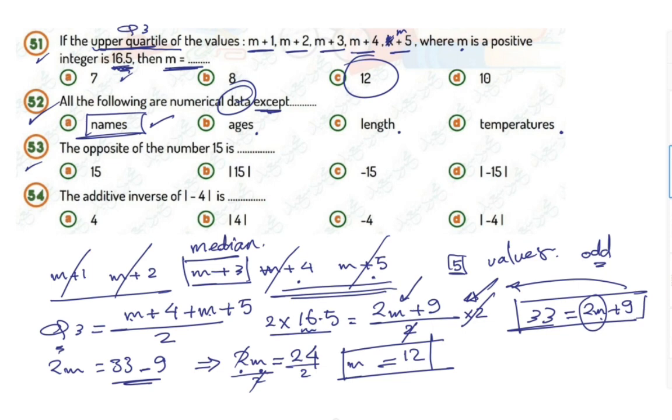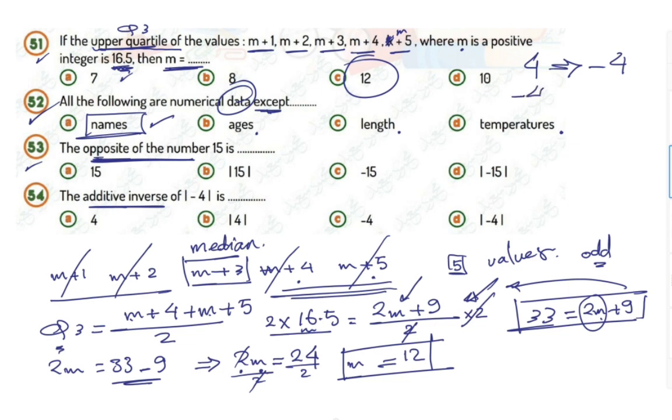Next point, 53. The opposite of the number 15. Here he asks us about the opposite of a number, and in the next question, the additive inverse. That's the same. When he asks us about the opposite or additive inverse of any number, if it's positive, the additive inverse or opposite will be negative.